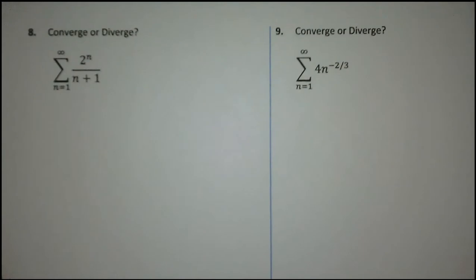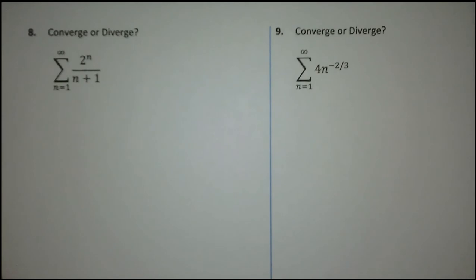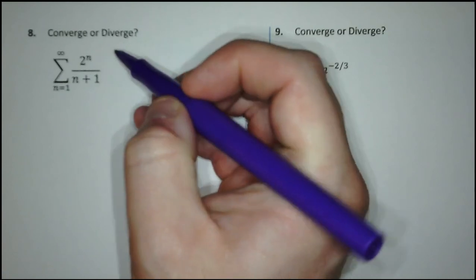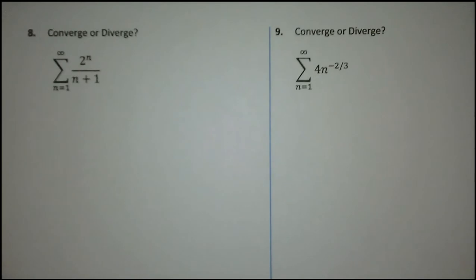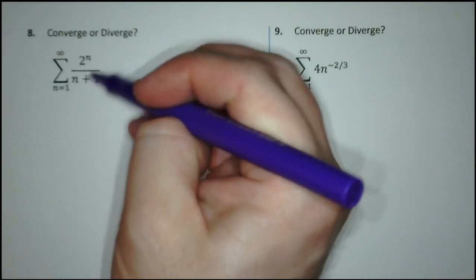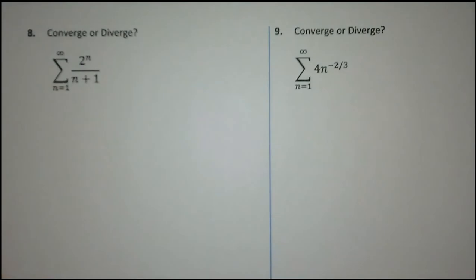You know, when you see factorials or exponents of n, that's a pretty good cue to do ratio test. Maybe you've already caught on to that. I'm telling you now, when you see powers of n or definitely factorials, that's going to be a pretty good cue to do our ratio test. Now, we're allowed to do ratio test because I think we're only going to have positive terms.